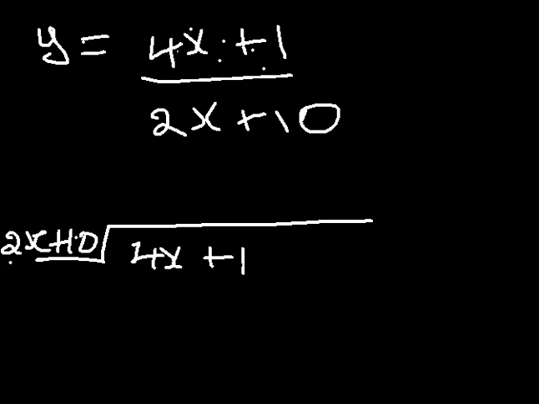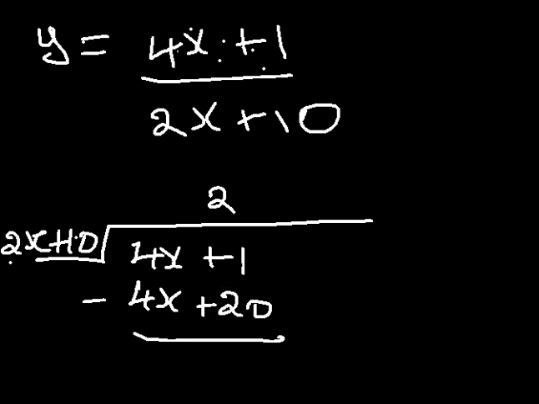So in this case, we'll have 2x into 4x, that will be given as 2. Then 2 times 2x, we'll have 4x, and then 2 times 10, we'll have 20. That is a minus.